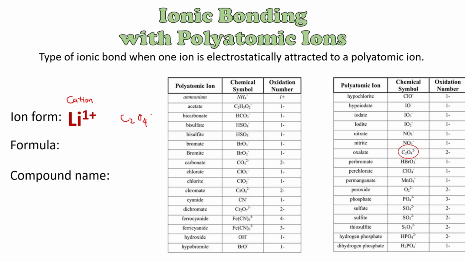C2O4. Okay, bear with me with this one, class. C2O4 negative. And this is the anion. Now, you might be like intimidated looking at these elements, C and then oxygen, and they have like numbers.